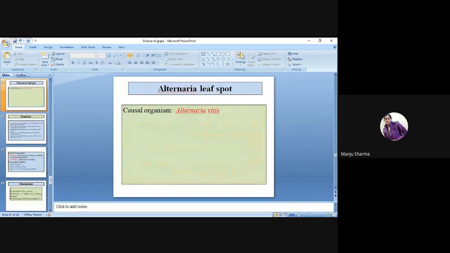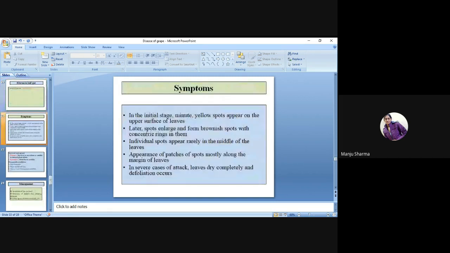So here are the symptoms of Alternaria leaf spot. In the initial stage, minute yellow spots appear on the upper surface of the leaves. Later spots enlarge and form brownish spots with concentric rings in them.